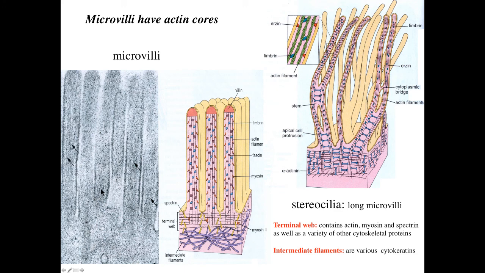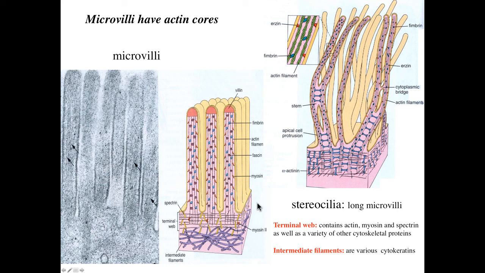The microvilli have actin cores, just showing this diagrammatically here. The actin cores are cytoskeletal components. So you've got actin in the terminal web of the cell, actin going into the microvilli themselves, and then other cytoskeletal proteins can interact with this actin.